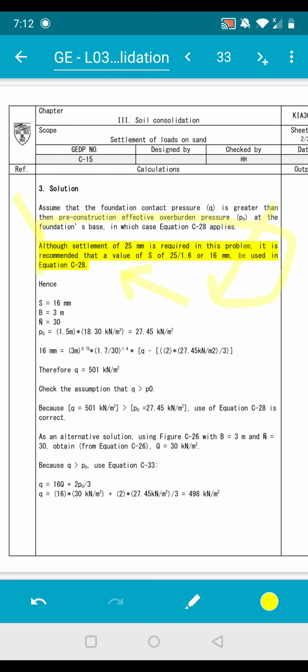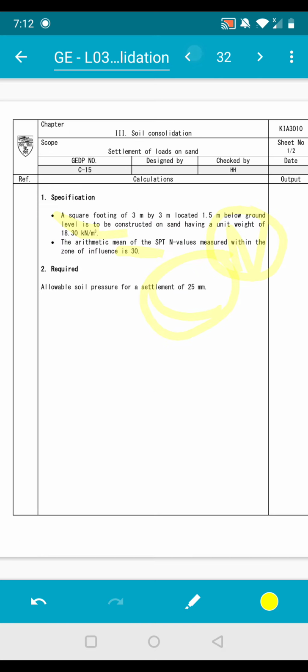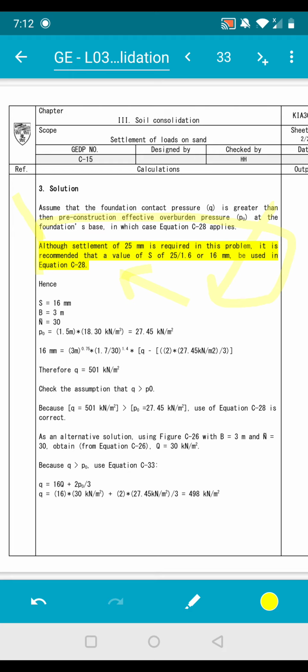So you have all of this identified from the specification. Write this accordingly: S as 16 mm, your B 3 meter, N is 30, and then you calculate your P0, which is 27.45 kilonewton per meter square.